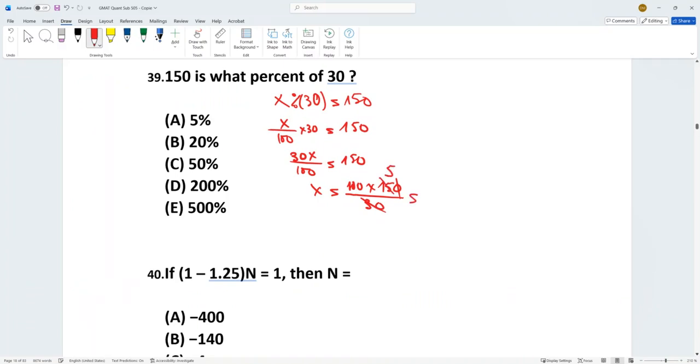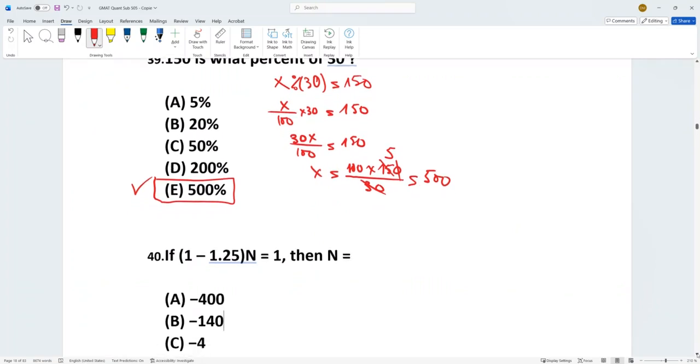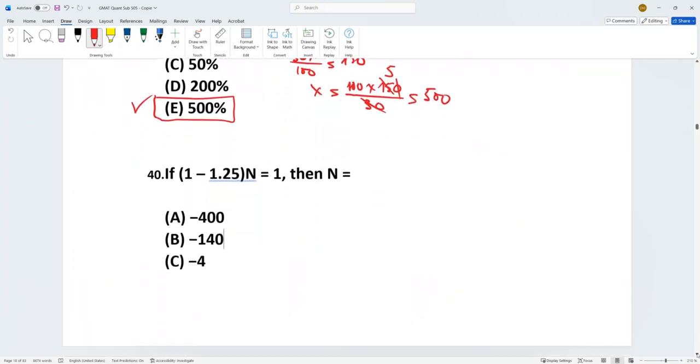This will be 5, so we'll have 500. So answer E is the answer. x is 500, so 500% of 30 is equal to 150. That's question number 39, which is also very simple.